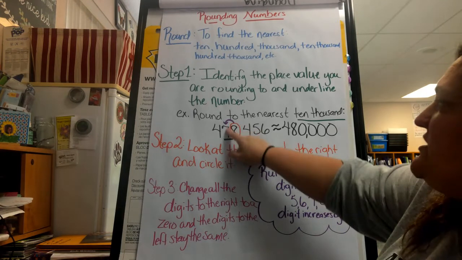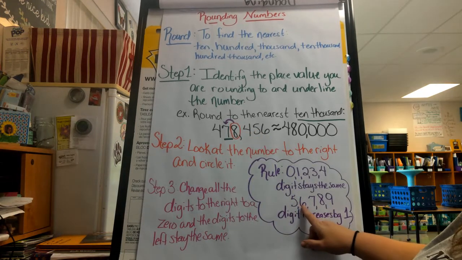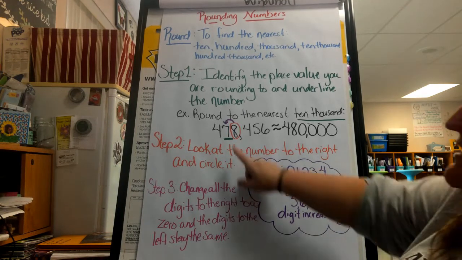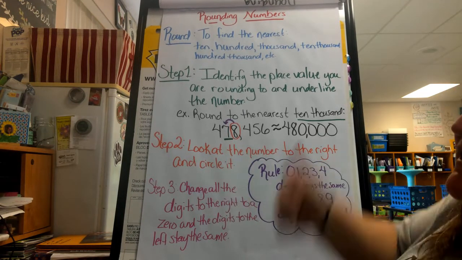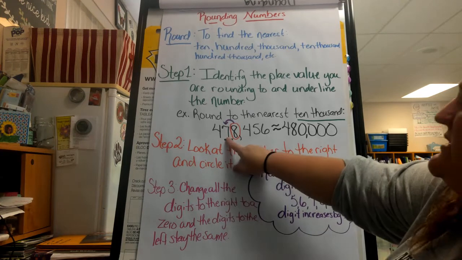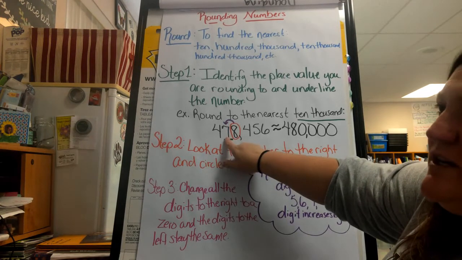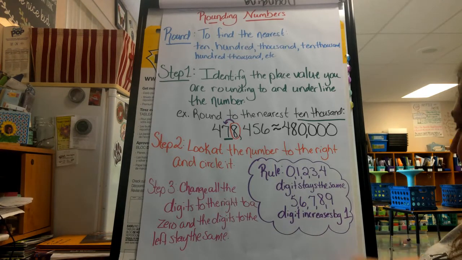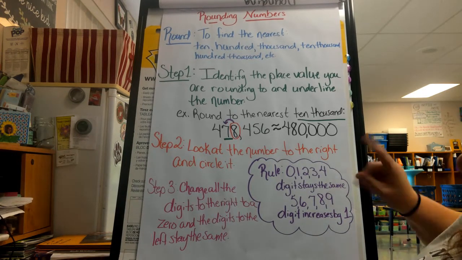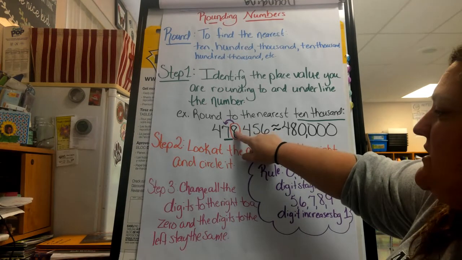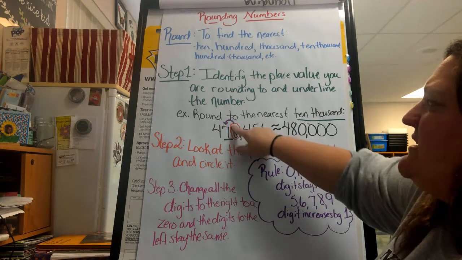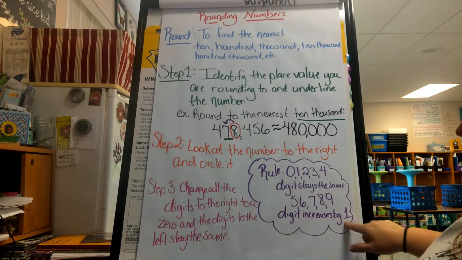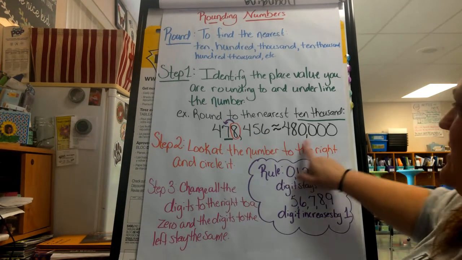If the circled digit is a 5, 6, 7, 8, or 9, it is going to be bossy and tell that 7 to, hey, man, you got to go up one place value. You got to go up, get bigger by one digit. Okay, so the digit increases by 1. So in this case, if I look at my 8, my 8 is telling my 7 to do what? To increase by 1. So my 7 now becomes an 8.